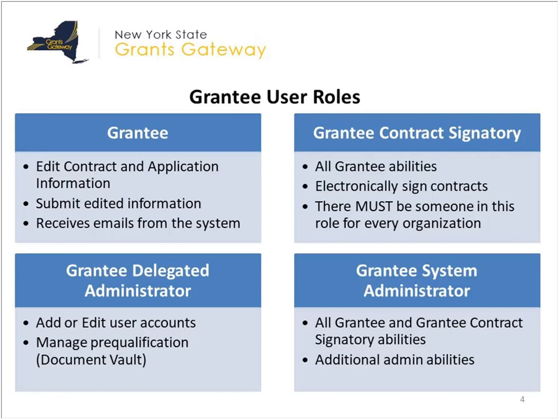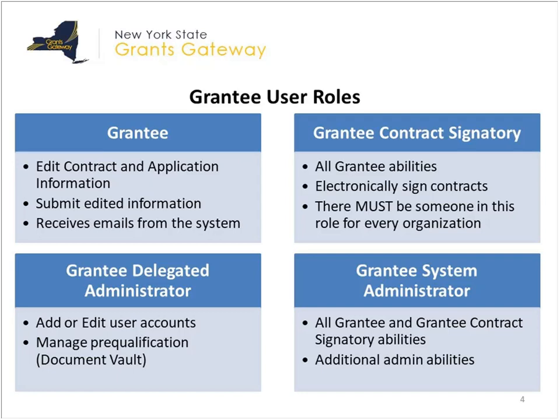So you should be aware of the roles, and this is something that a lot of people get hung up on in the beginning, if they're in the right role or not. If you've ever applied for a grant in the Grants Gateway for a competitive grant, there's someone who can apply and someone who can fill out and submit applications. And those people actually get emails back from the system when statuses change on their applications or contracts.